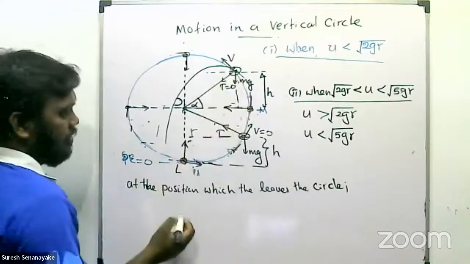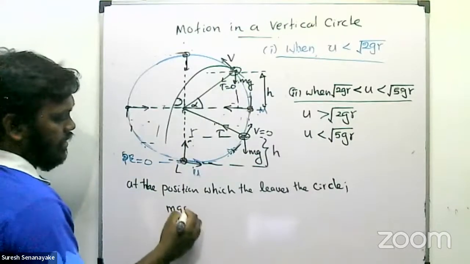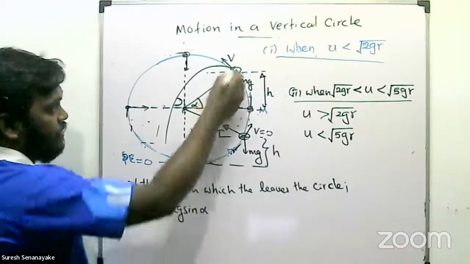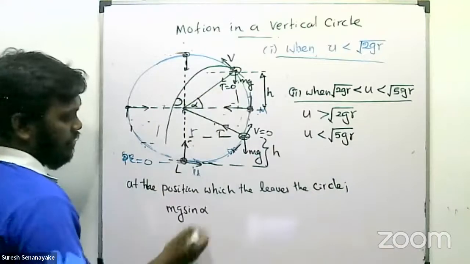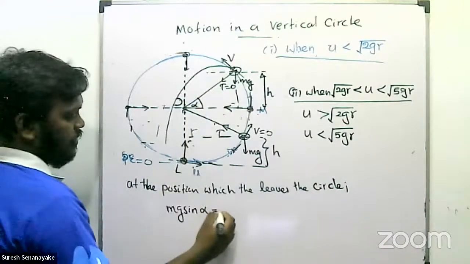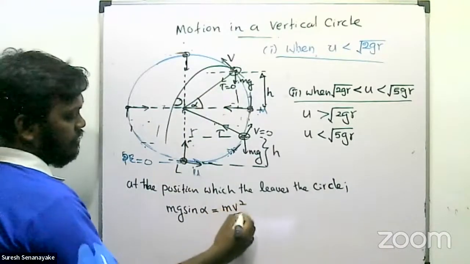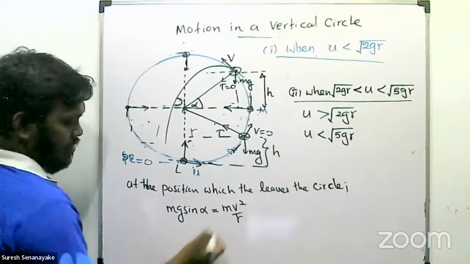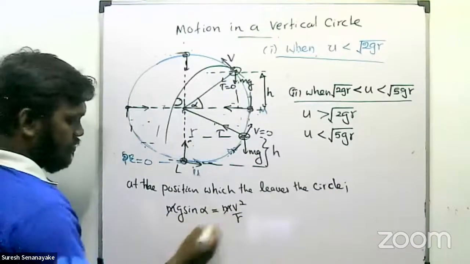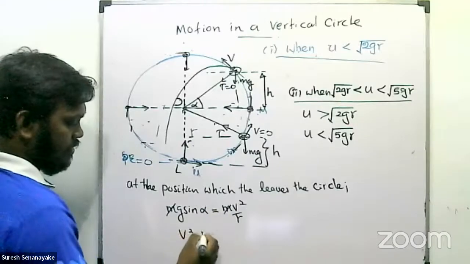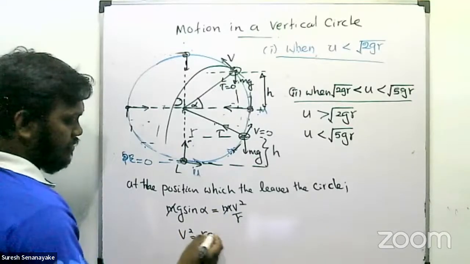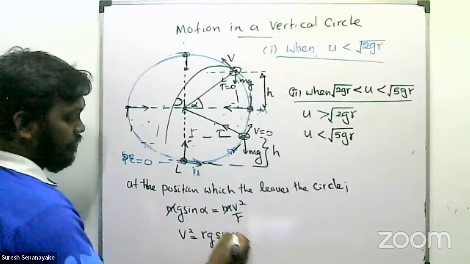So mg sine alpha is the force towards the center. Only the weight is there. That should equal m v square over r. So v square equals rg sine alpha.